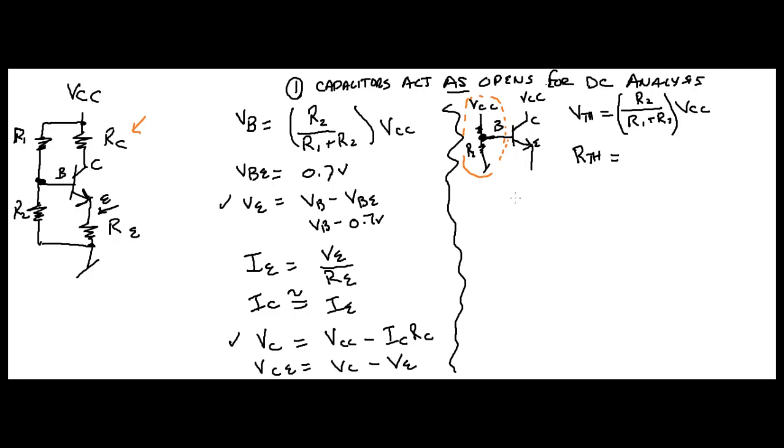If your base is coming out here, right, this is what we're doing, right? Suppose this was where your base was. You have one resistor, R2, coming to ground, right? R2. And we have another one, which is R1.